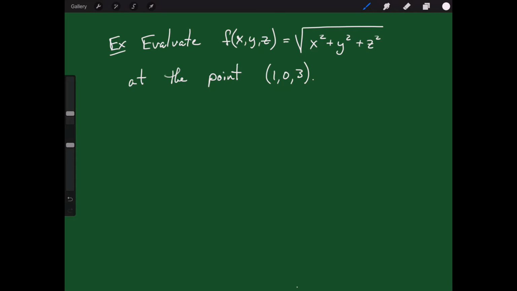Okay, so we're just evaluating this function, f, at the point 1, 0, 3.